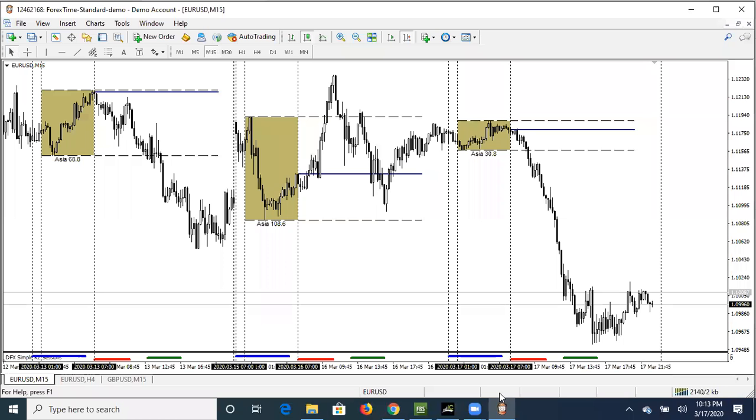So I believe you understand kill zones. It helps you frame out your time. If you're in the US or some other time zones where London is not too comfortable to trade, then you could trade during the Asian session.